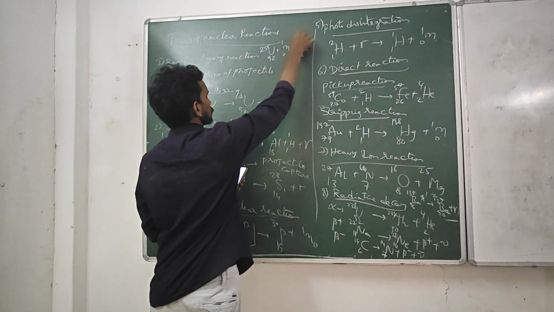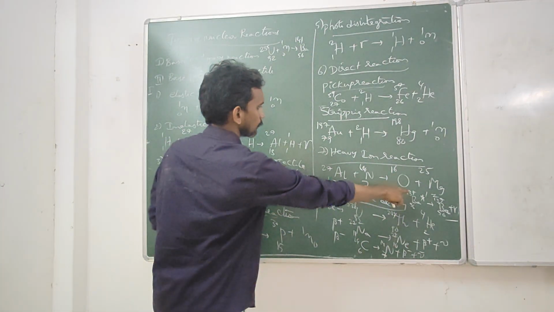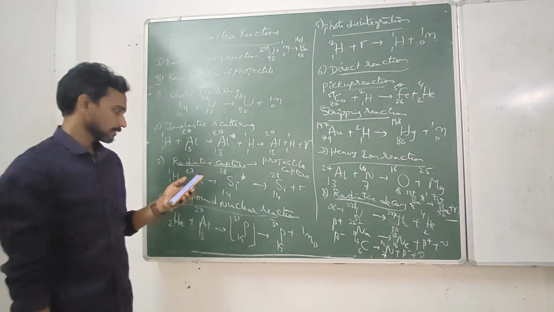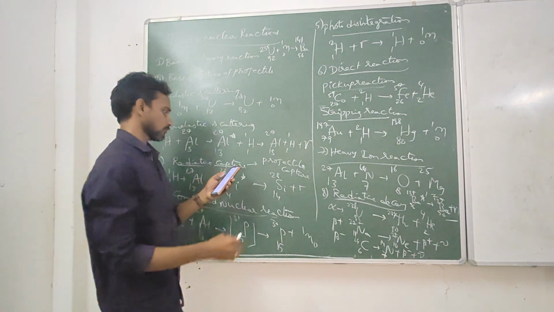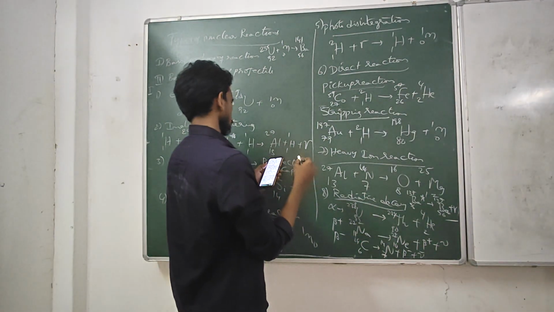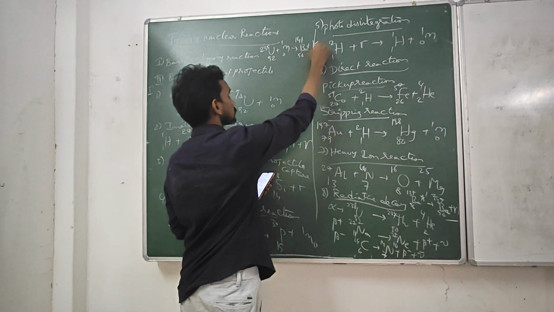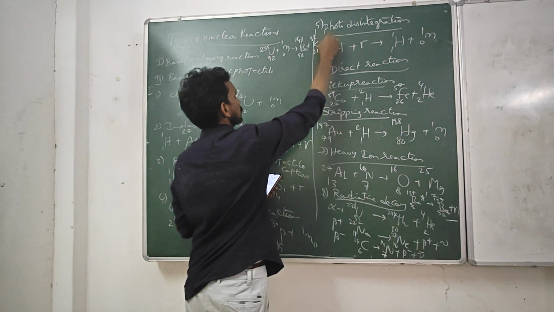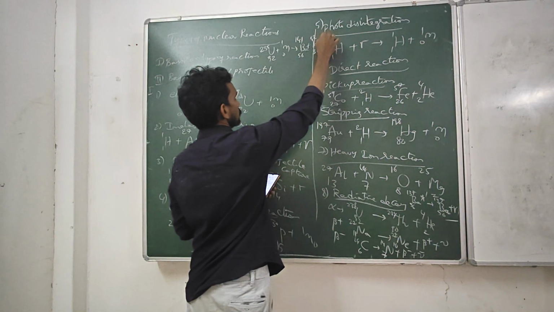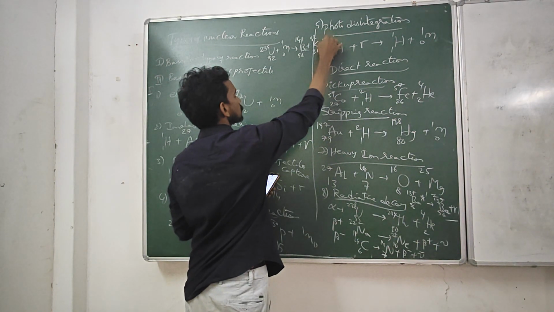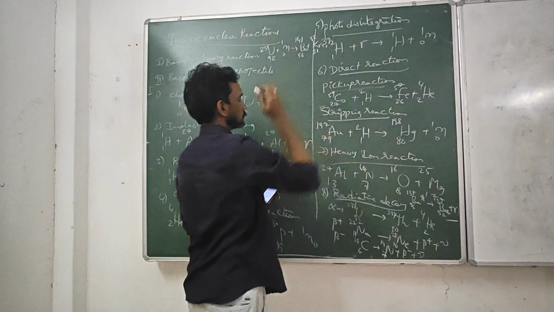Ba-141 56 plus Kr-92 36 plus 3 neutrons, 3 n-1 0.